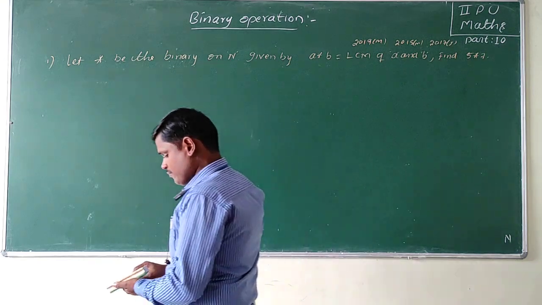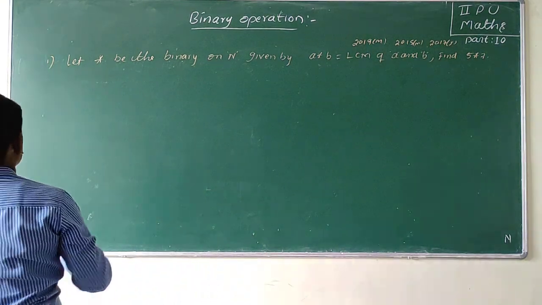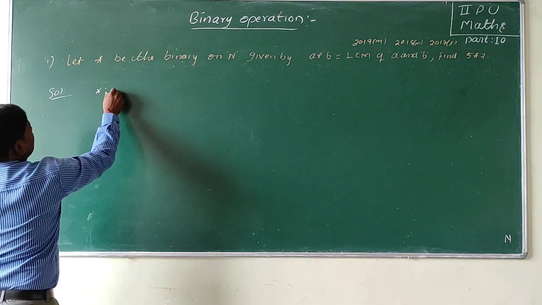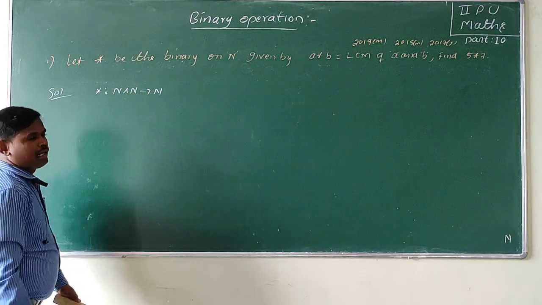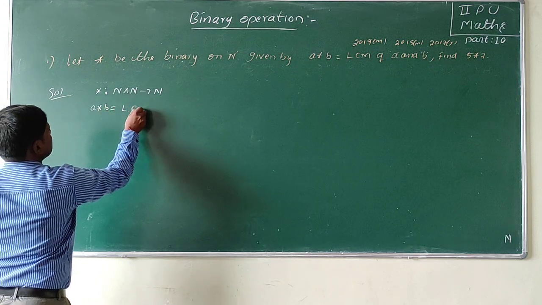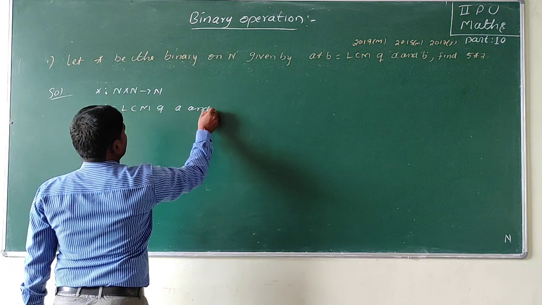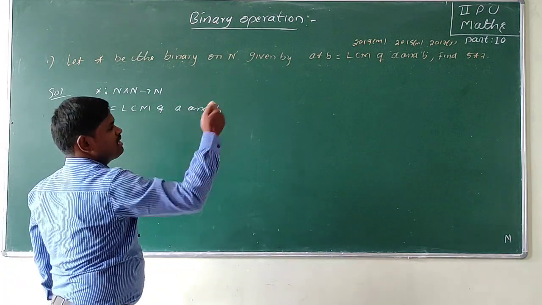Solution: star is a mapping from N cross N to N, and the operation is defined as A star B equal to LCM of A and B. We need to find 5 star 7.